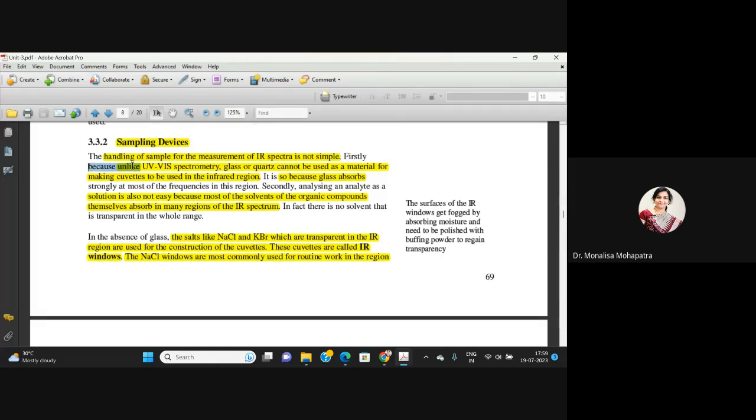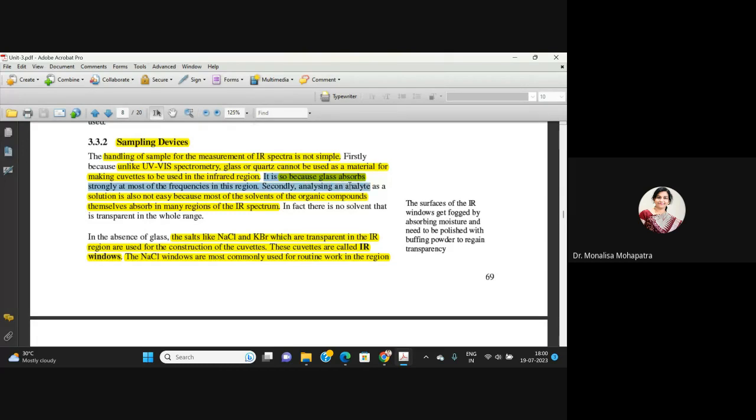Firstly, unlike UV visible spectrophotometry, glass or quartz cannot be used as a material for making cuvettes in the IR region. You can't use glass or quartz cuvettes for IR radiation to fall on, because glass absorbs strongly at most of the frequencies in the IR region.